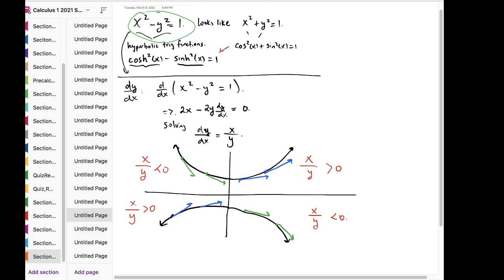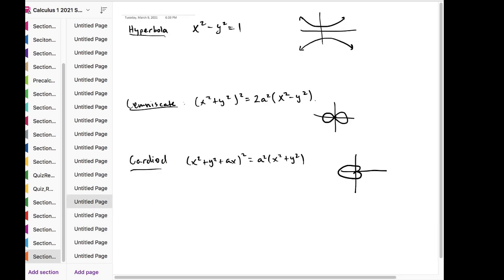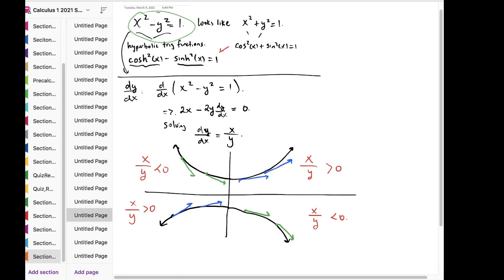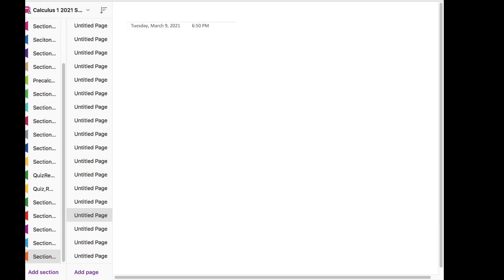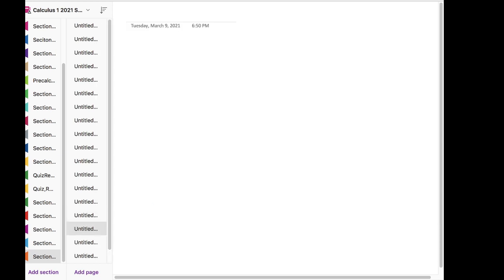So I have some other ones. Let's do the lemniscate. The lemniscate is the infinity symbol.